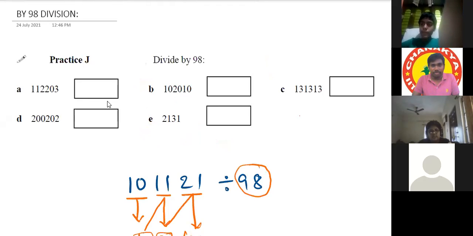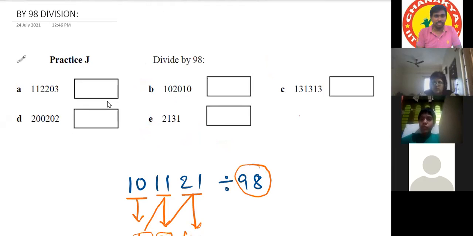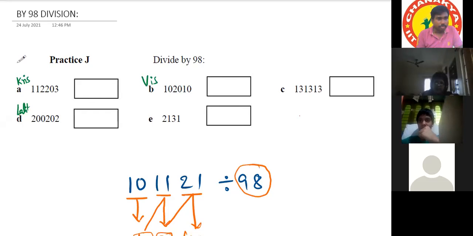Now you can give your names. Only 5 questions. Should I tell the names? Okay, sir. D, Lalit. A, Krishnaditya. B, Vishnu. That's it, sir. Nobody else gave.